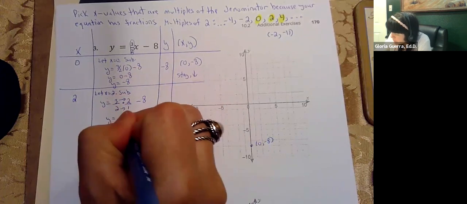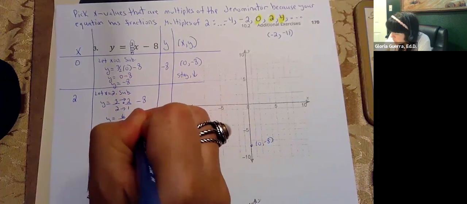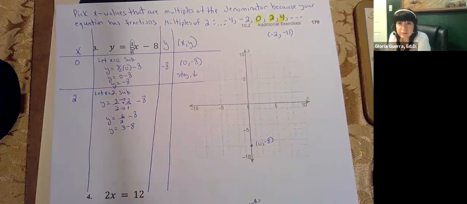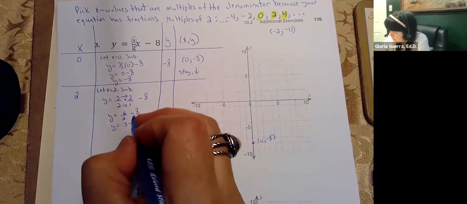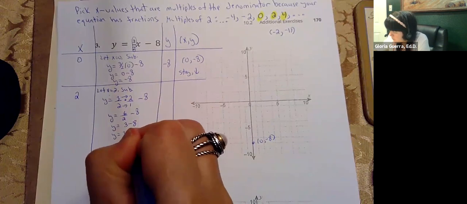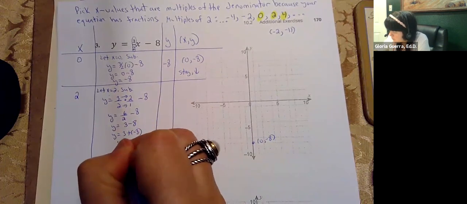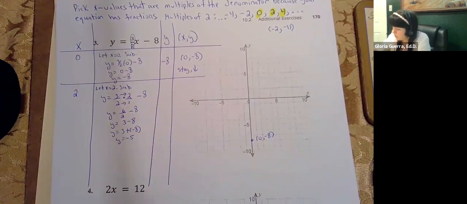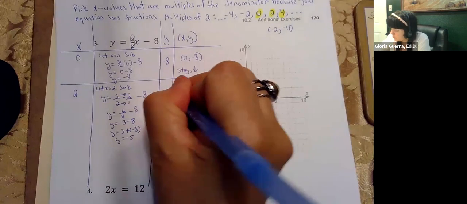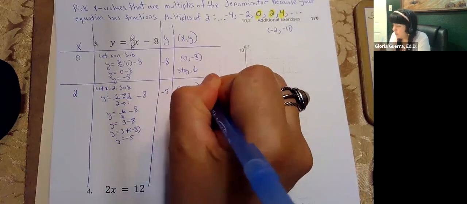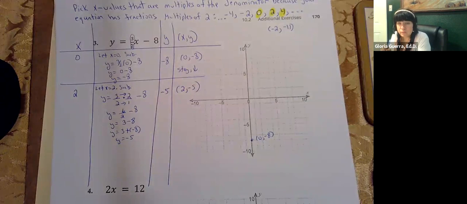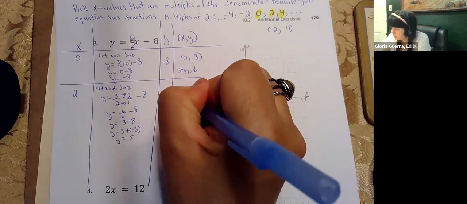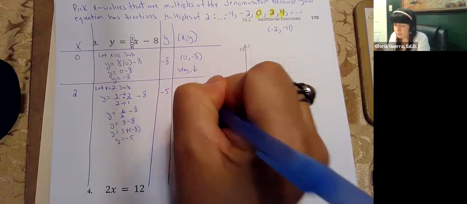So y equals 6 over 2 minus 8. 6 over 2 is 3 minus 8. y equals 3 plus -8. So y equals -5. So when x is 2, y is -5. So this tells you to go to the right and then down.